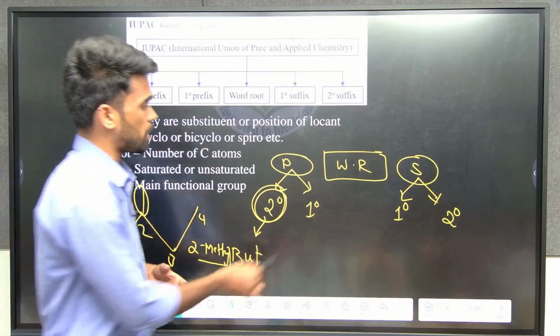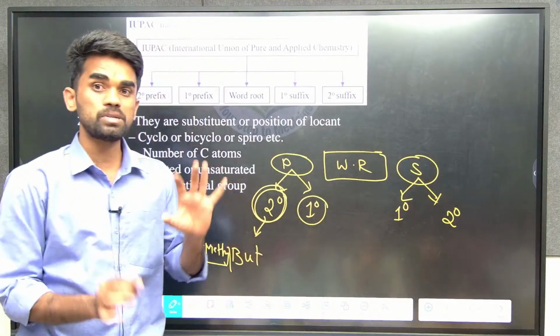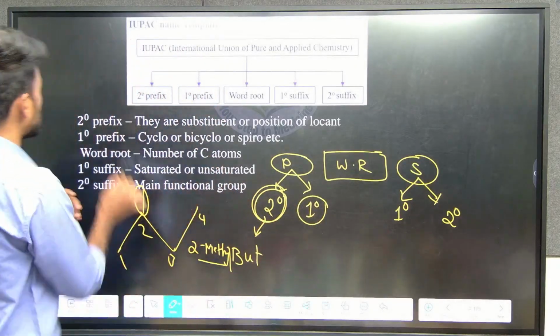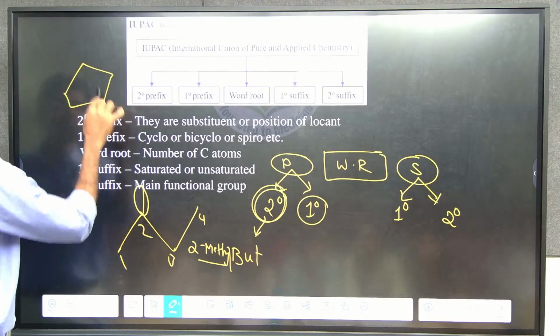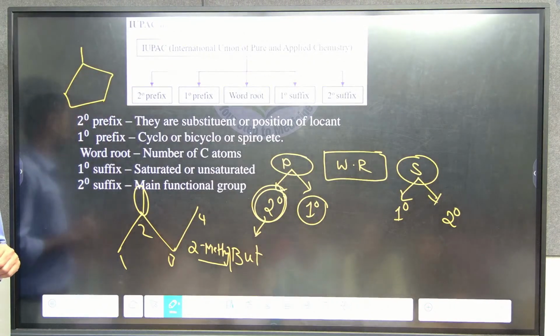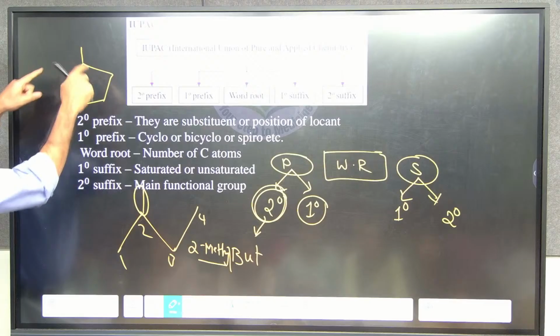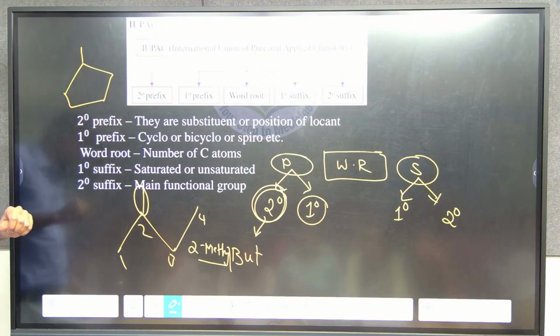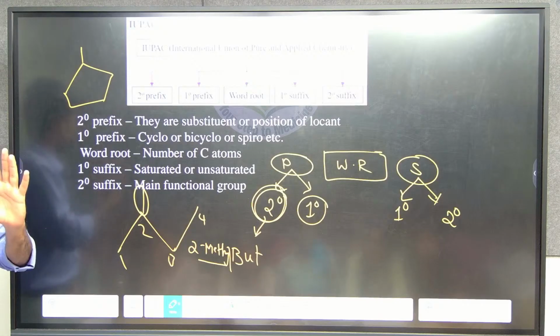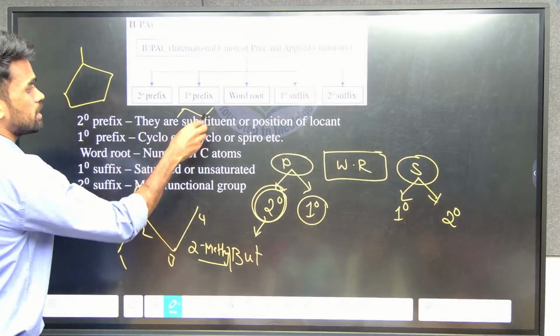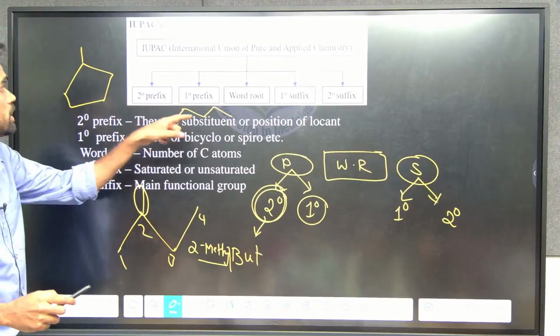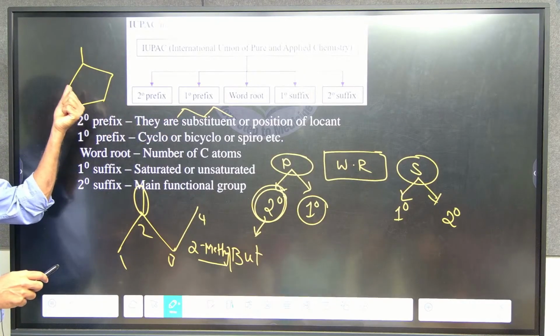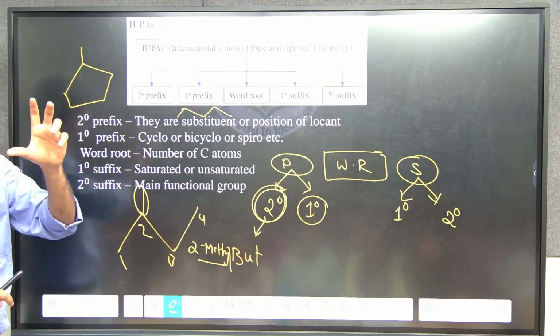Now, sir, what about the primary prefix? See, some compounds are cyclic. For example, here I am writing like this. What is the name of this compound? It is cyclic. How many carbons are there in the main chain? 5 carbons. So pent. If I write it open chain, you say this is also pent, but this is a closed chain. So whenever it is in cyclic form, you should mention cyclo.